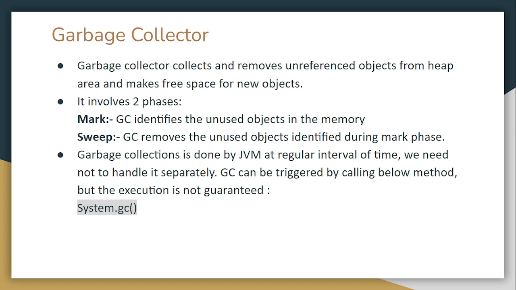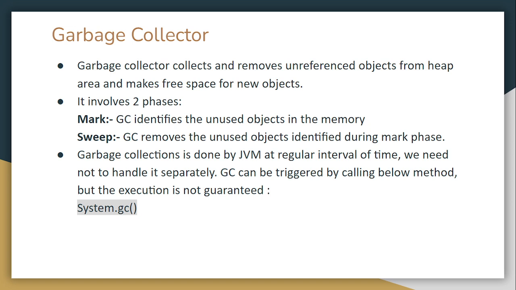Next is garbage collector. Garbage collector is used to collect and remove unreferenced objects from heap area and makes free space for new objects. It involves two phases, mark and sweep. During mark phase, GC identifies the unused objects in the memory, and in sweep phase, GC removes the unused objects identified during mark phase.